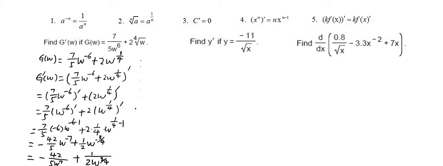Now let's take a look at the second one. For the second one, we can follow formula 2 first. So we have negative 11, and the square root of x can be written as x to the power 1/2.